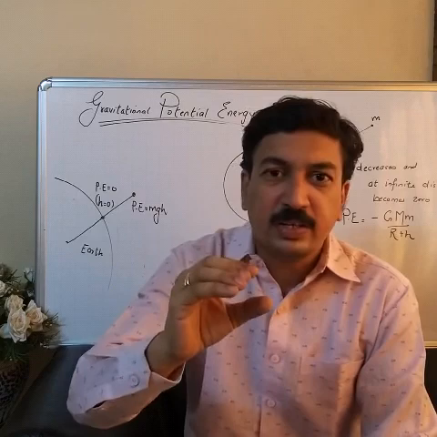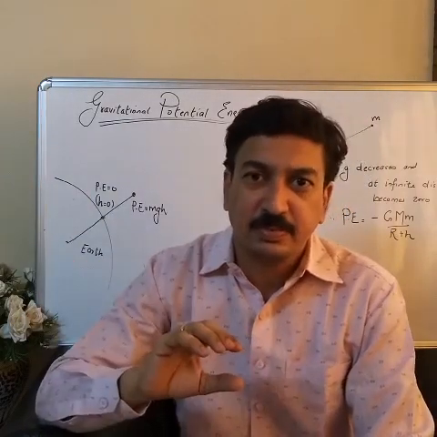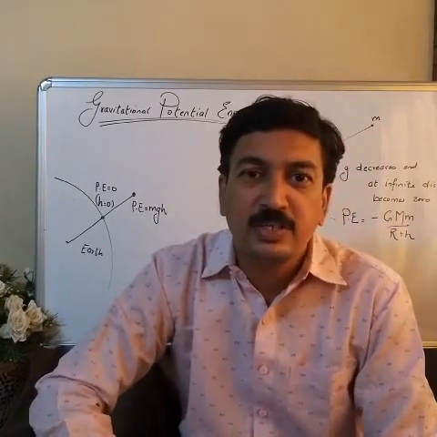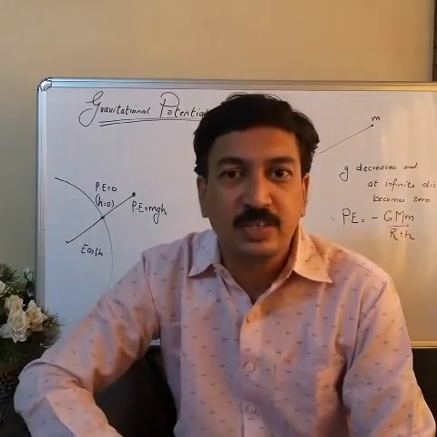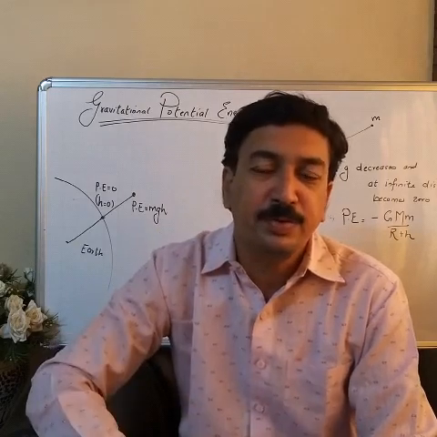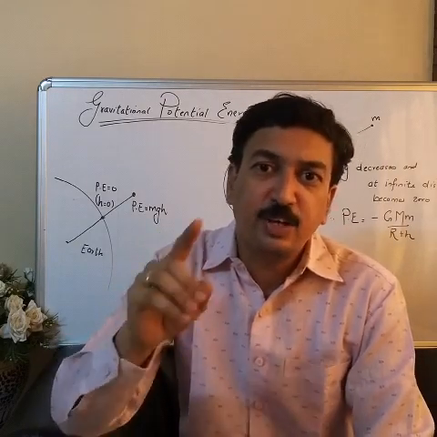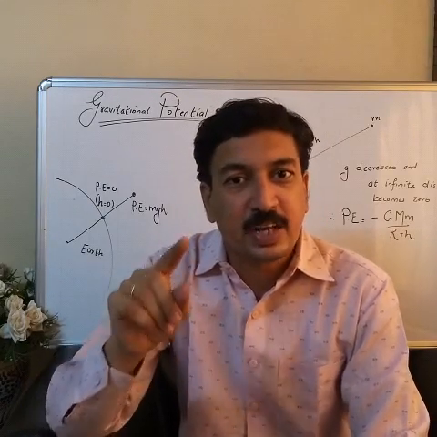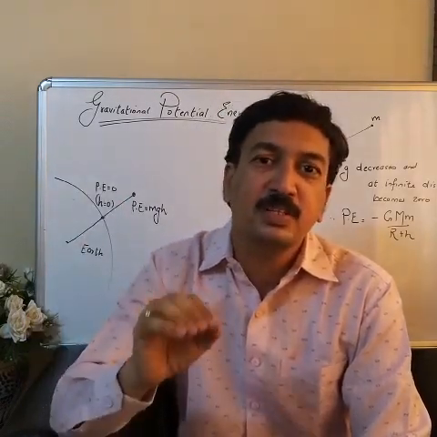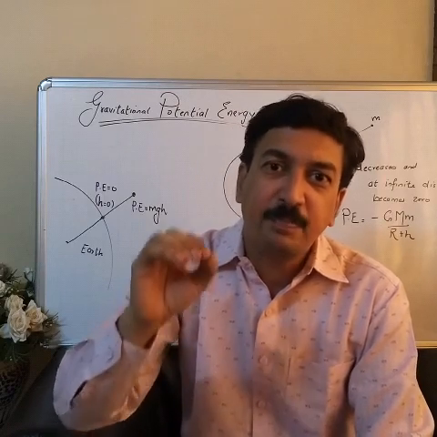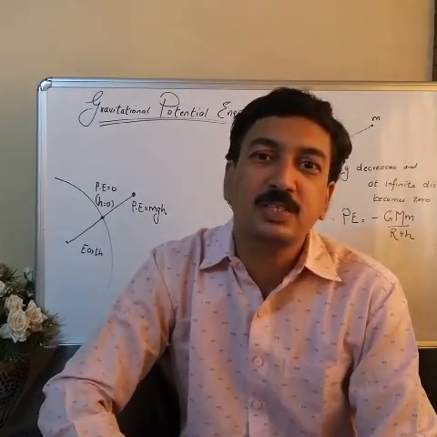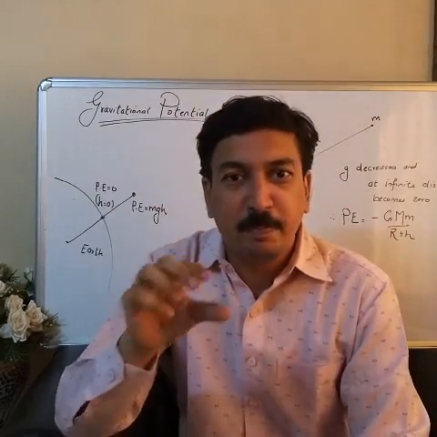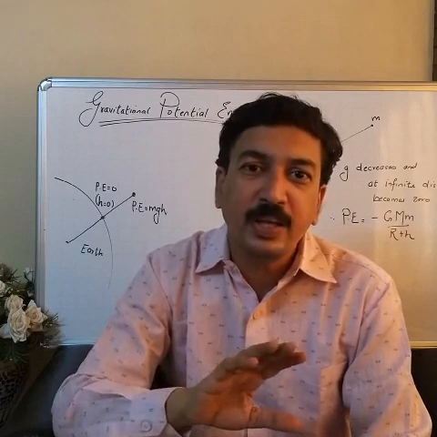As we take the object to very great heights, for example 10,000 kilometers or 30,000 kilometers, the value of small g, acceleration due to gravity at that height, becomes 0. As a result, even the potential energy of the object becomes 0, and the old formula, potential equal to mgh, cannot be used.